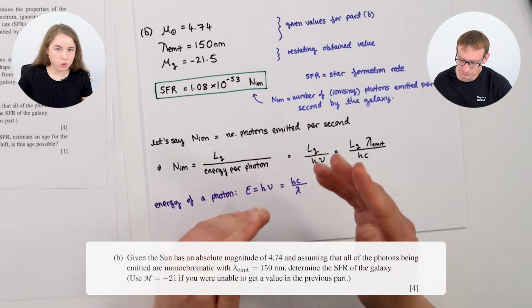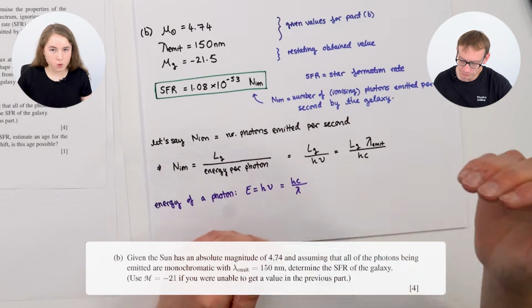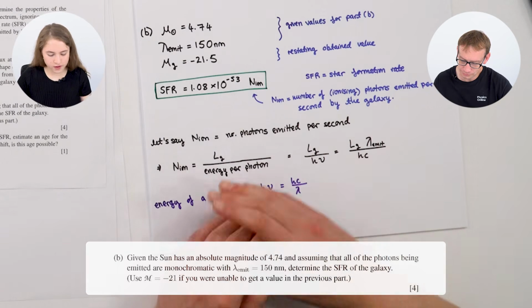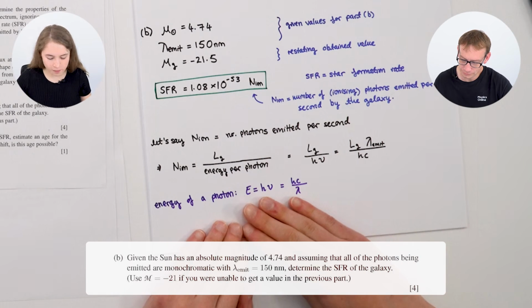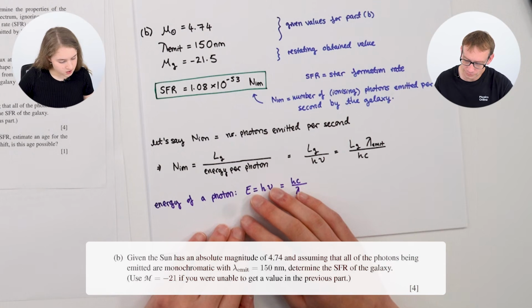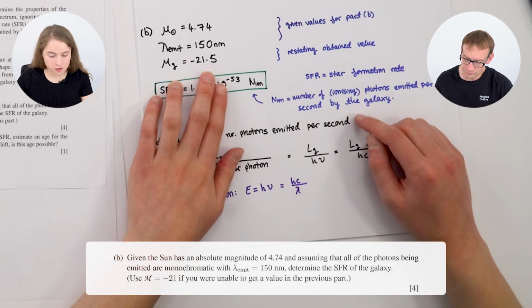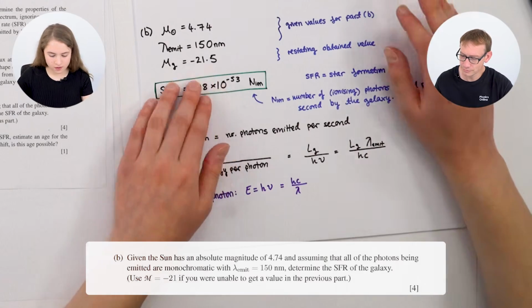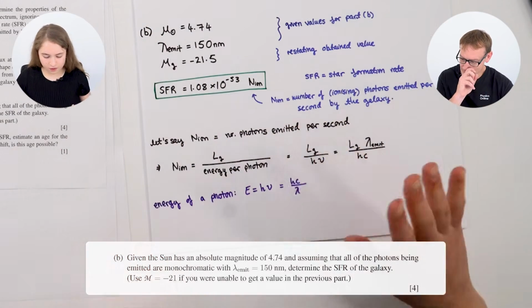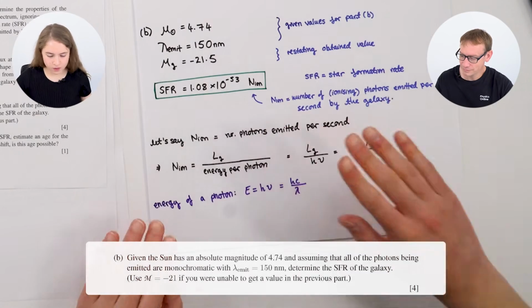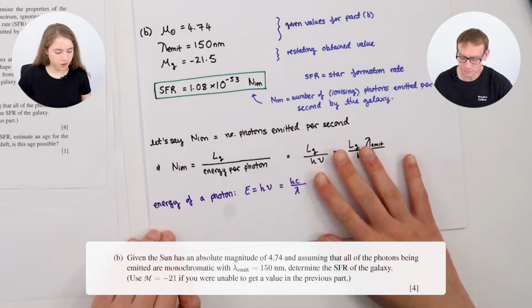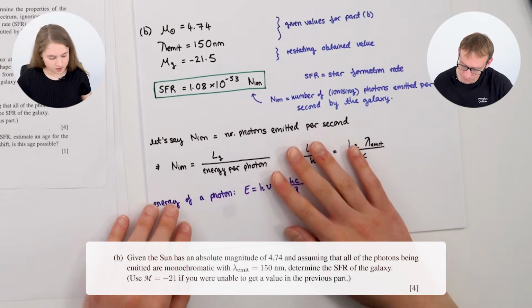So we're assuming that all the photons emitted from the galaxy are all the same color, all the same wavelength, and they're all 150 nanometers when they're being emitted. And I've also written down clearly the value that we've obtained in the previous part, so that we can refer back to it quickly later, and you're not going through your earlier working looking for values you might need.